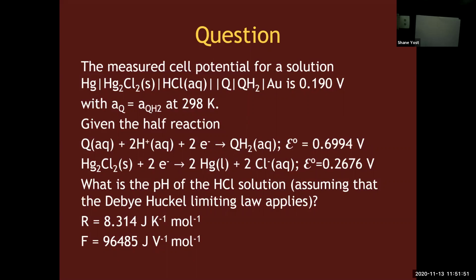Given the two different half reactions that make up this total reaction and their standard cell potentials, the question is what is the pH of the HCl solution, given that the cell potential of that reaction is 0.190 volts? Not the standard cell potential, but the measured cell potential. So this 0.19 is not E naught for the overall chemical reaction. It is E, the cell potential, not the standard cell potential.